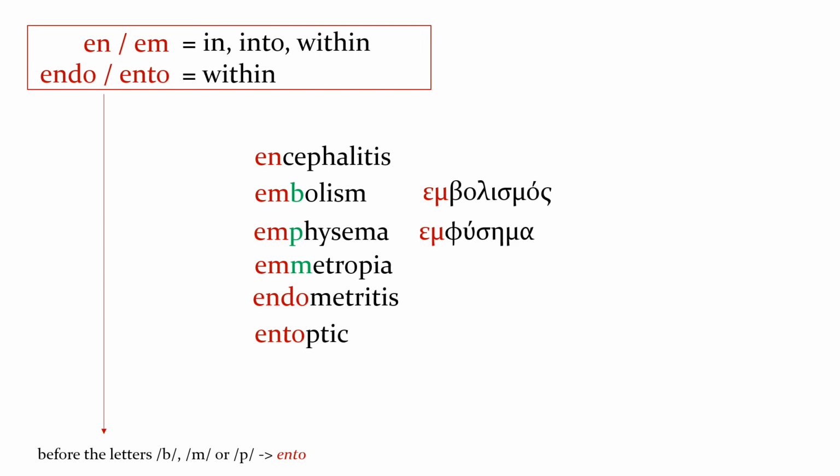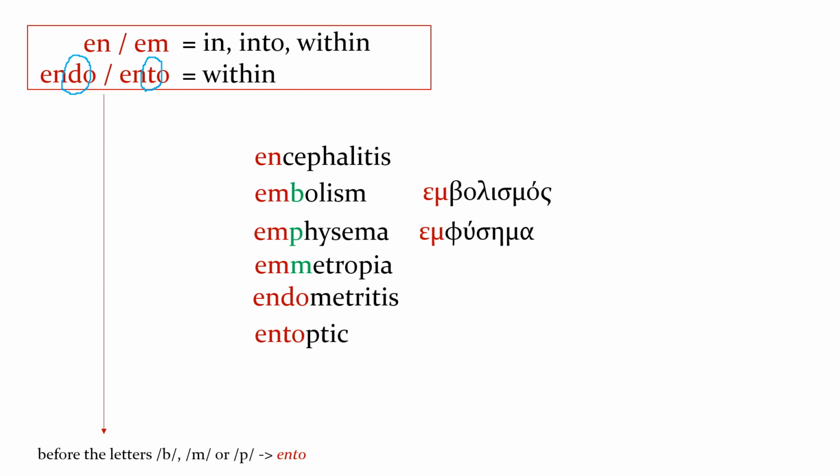Before the letters B, M, or P, we use ento instead of endo. And I'm not going to go into it in great detail here, but some of you have already learned from me that D and T are actually formed the same way.